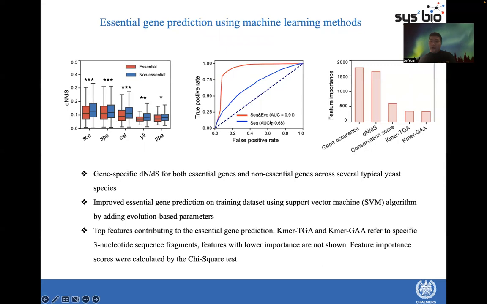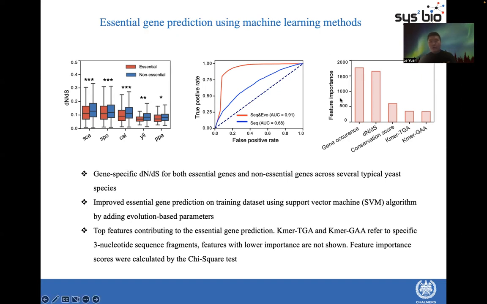So what is the AUC value? It is the most important parameter to evaluate machine learning performance. The higher the AUC value, the better the performance of the machine learning model. So we have a high AUC value, which means it is really good for our machine learning model.